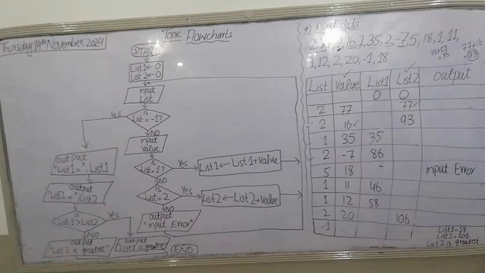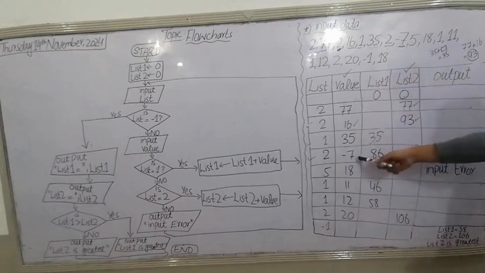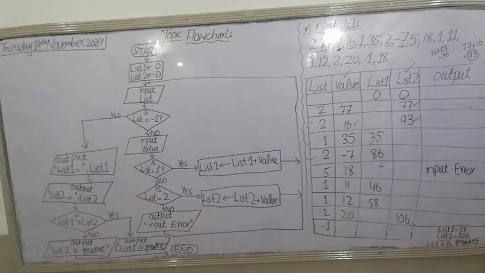So what do we have in the variable list 2? As you can see, in the variable list 2 we have 93, and in the variable value we have this digit -7. So let's do the addition part.